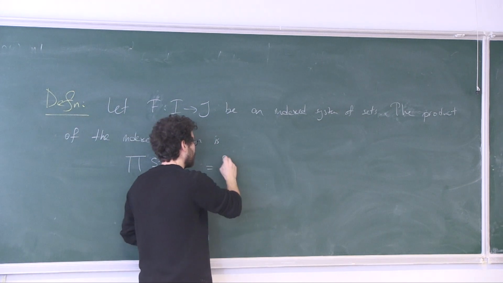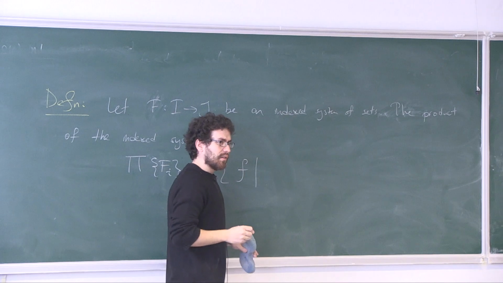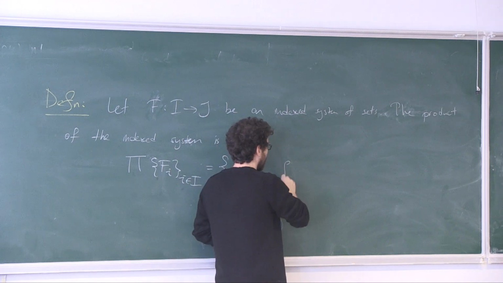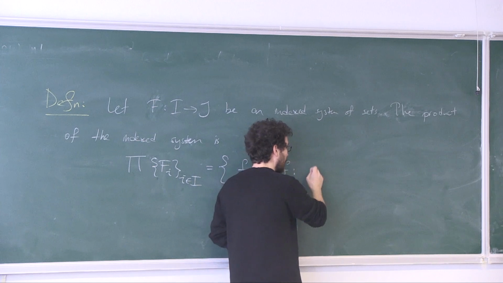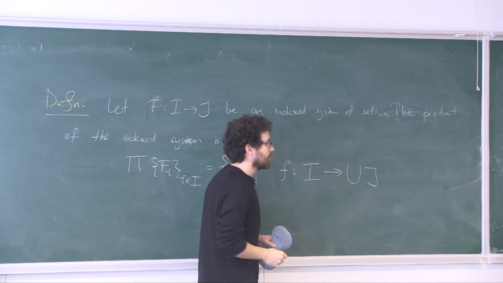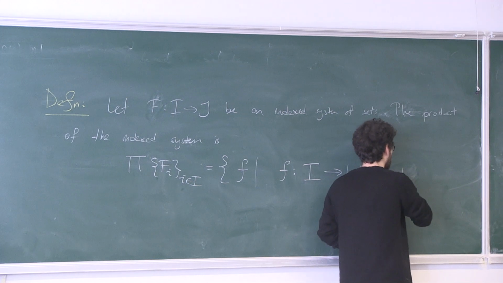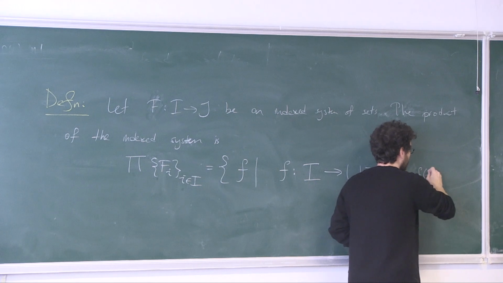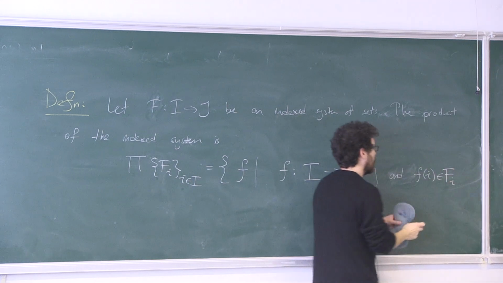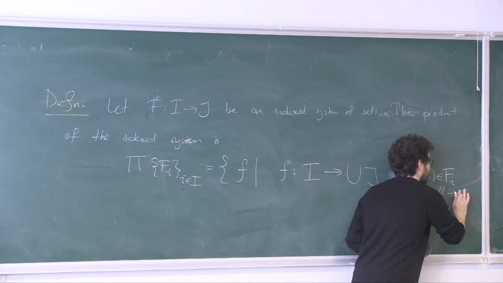This product is defined to be the set of all sets f such that f is a function from the index set to the union of J such that f of I belongs to f sub I for all I in I.